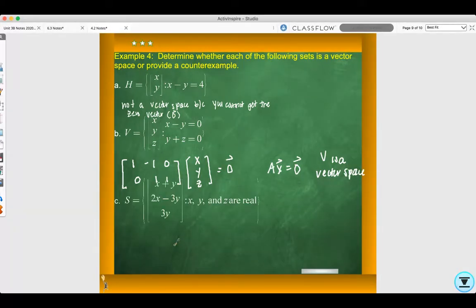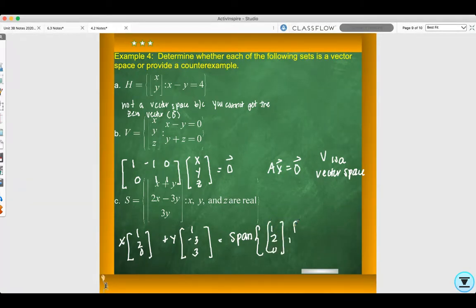And the last one, S, we have x plus y, then 2x minus 3y, and 3y, where x, y, and z are all real. So let's go ahead and rewrite this, and I believe we could get the span of this being column A. So we have x times (1, 2, 0) plus y times (1, negative 3, 3). This equals the span of (1, 2, 0) and (1, negative 3, 3).